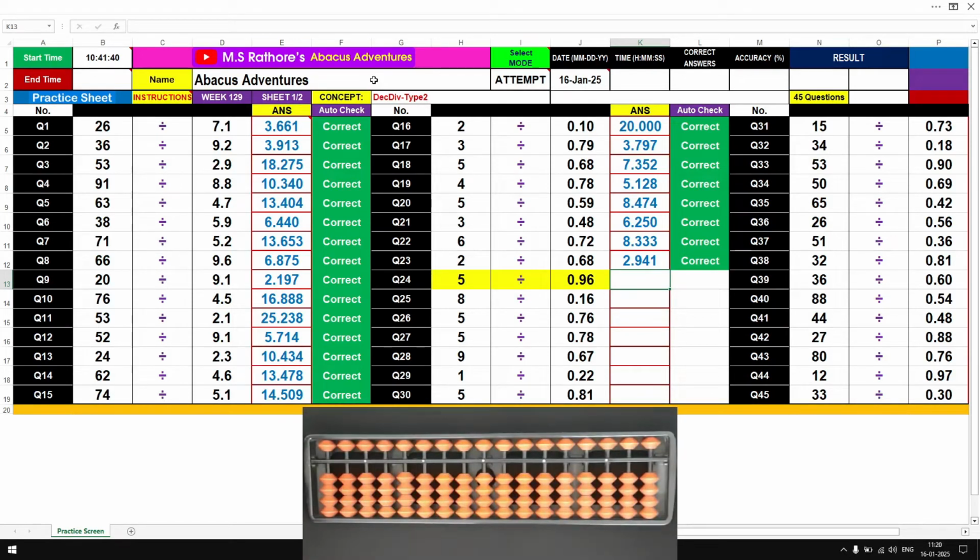Question number 24, 5 divided by 0.96 or 5 divided by 96.